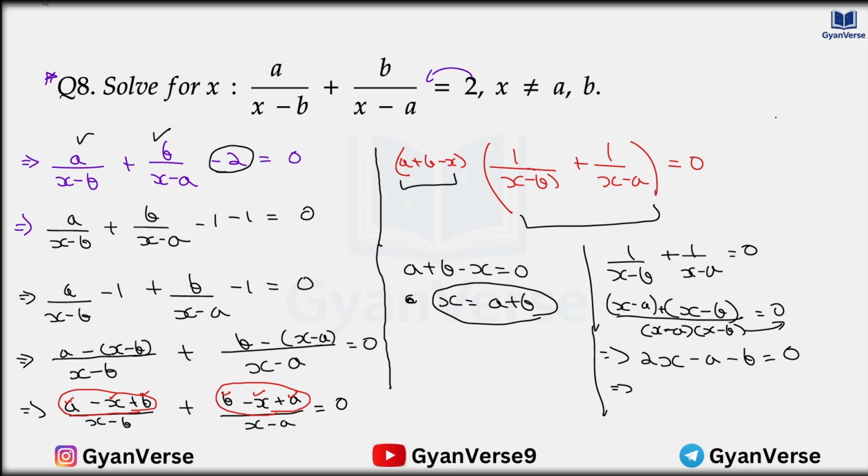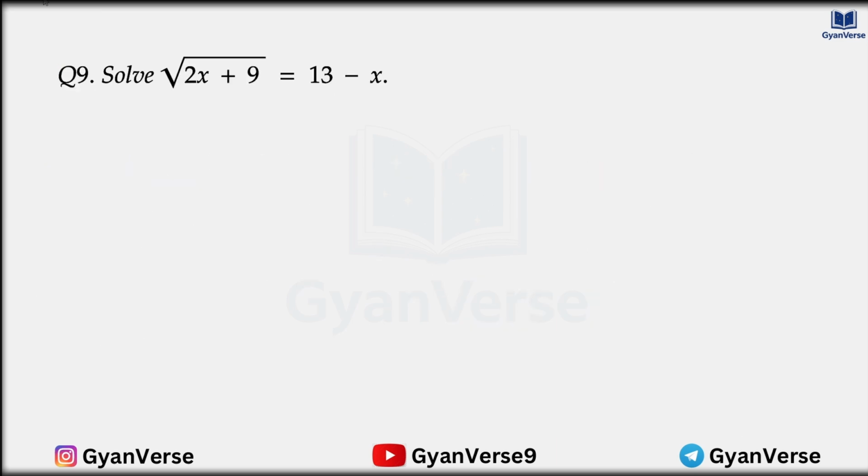So now 2x equals, a and b will go to the other side, x equals a plus b divided by 2. So these are the two values of x. The first one is x equals a plus b, and the second one is x equals a plus b divided by 2.